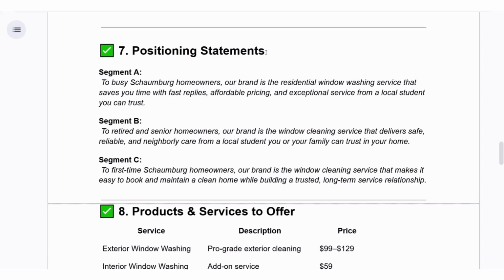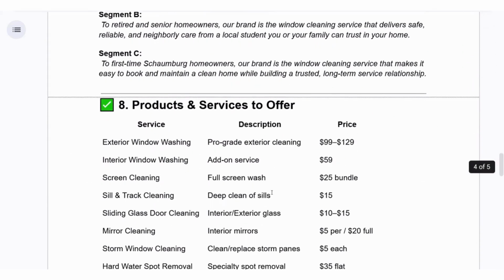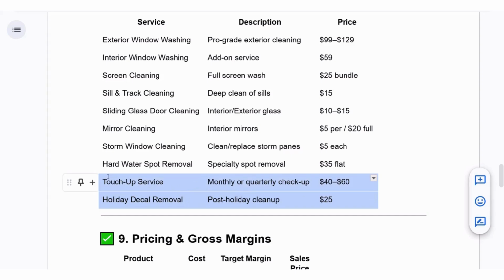And positioning statements. So these are how you're going to target your three target segments. And products and services to offer. So these are a list of some possibilities, as well as some other services that you can offer outside of just cleaning the windows.